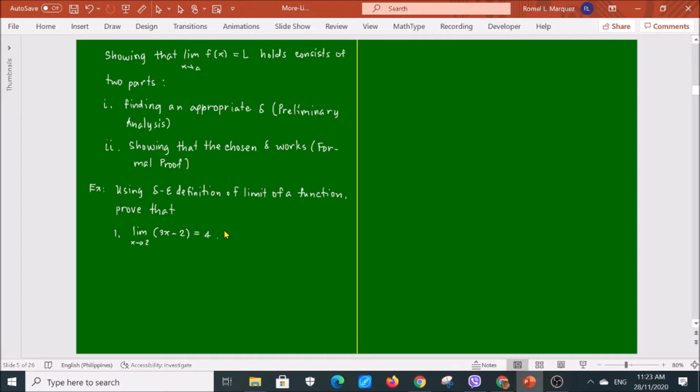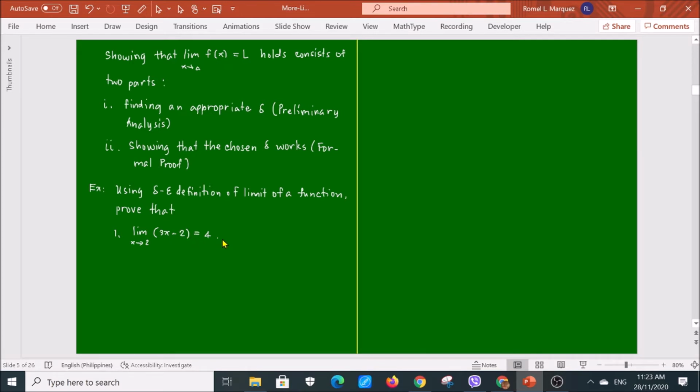Of course, if you have had an idea of calculus when you were in senior high, but I assume that none of you took calculus in senior high. So you say that you simply have 3 times 2, that is 6 minus 2 equals 4, but that's not proving.